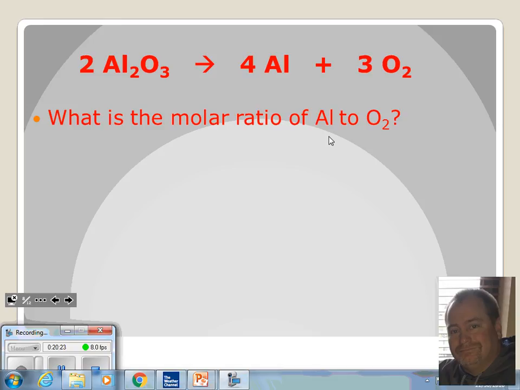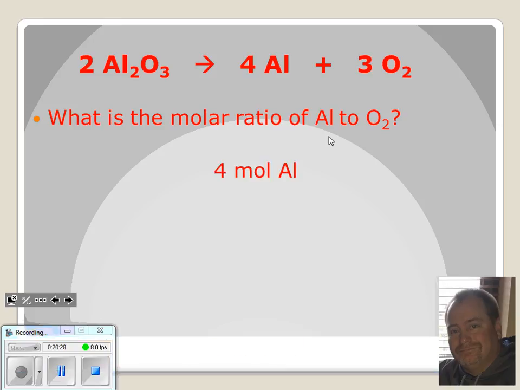Once again, looking at our balanced chemical equation, we have 4 moles of aluminum to every 3 moles of oxygen.